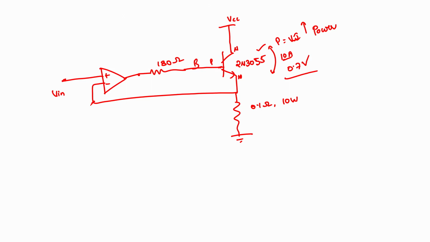That means the voltage difference between the positive terminal and the negative terminal will always be zero. If I say this is V plus and this is V minus, V plus is always equal to V minus, or V plus minus V minus is equal to 0. This is the golden rule. Another important thing is very high input impedance, so no current will flow into the input terminals, which we already know.